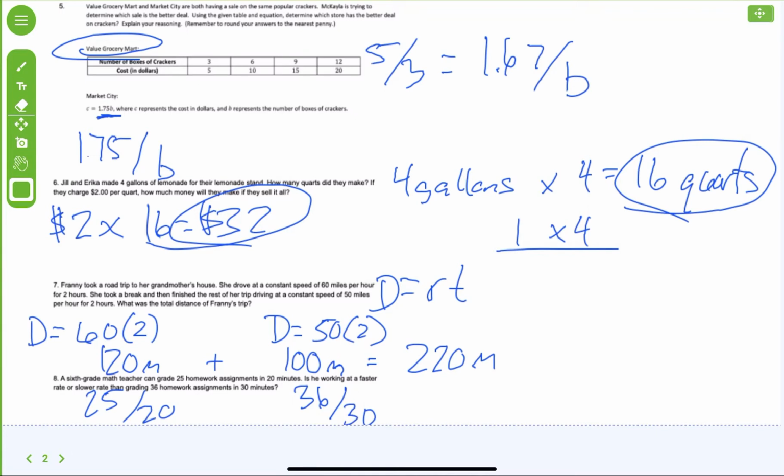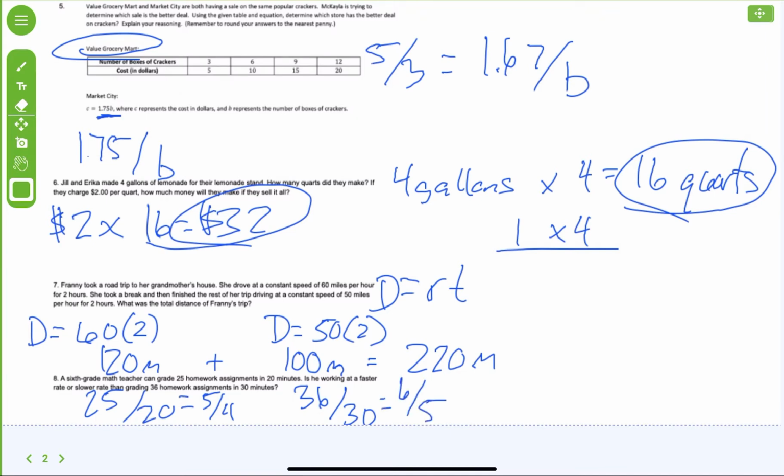Now, I know that 5 will go into 25 and 20, and that will go at a 5 per 4 minute. So this person is grading 5 assignments every 4 minutes. Now 6 will go into 36 and 30, and it'll go 6 assignments per 5 minutes.